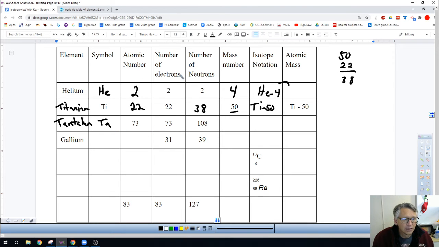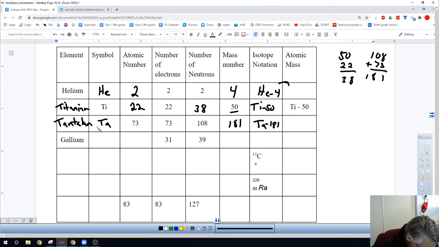Its atomic number is 73. It'll have 73 electrons. It has 108 neutrons, so its mass is going to be 108 neutrons plus 73 protons, 181. So its mass number is going to be 181, and it is going to be Ta-181.